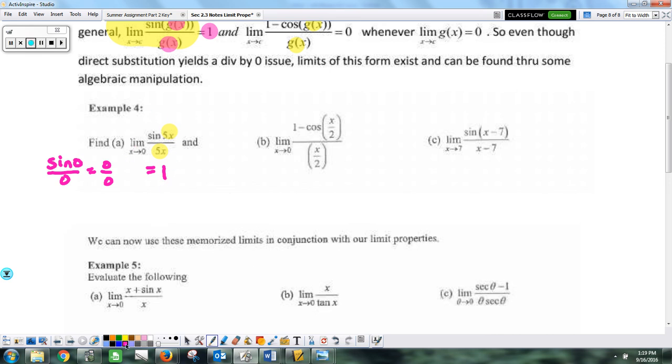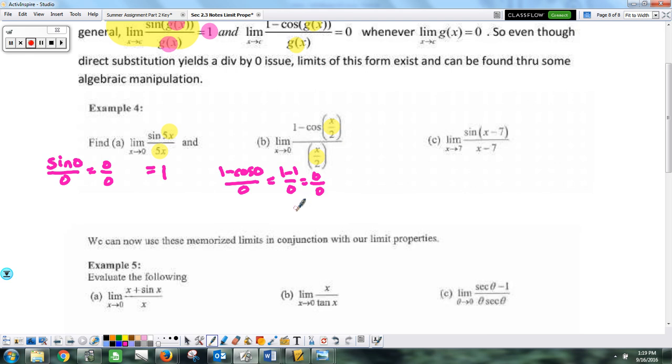Same thing is true over here. If you take a look at part B, again, these two match. If we try our direct substitution, which is always our first go-to to see if we actually need to do more work, we would have 1 minus cosine of 0 over 0, which would be 1 minus 1 over 0, or 0 over 0, which means do more work.